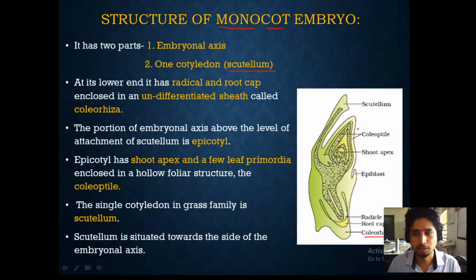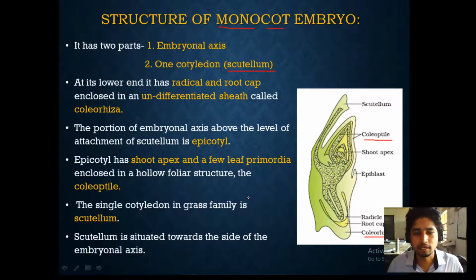All these are enclosed within a foliar structure called the coleoptile. So this coleoptile is covering the shoot tip, whereas the coleorhiza is covering the root tip. These two terms, coleoptile and coleorhiza, are very important to understand.